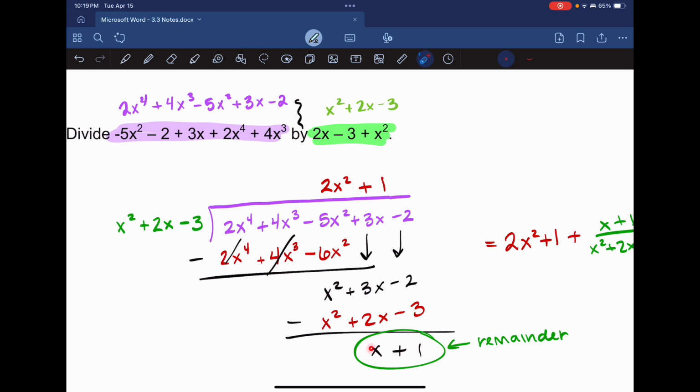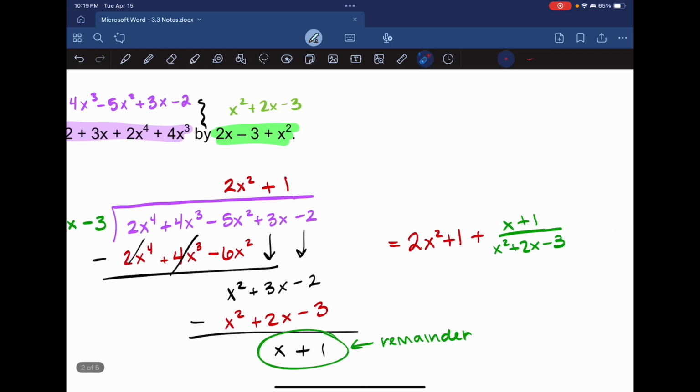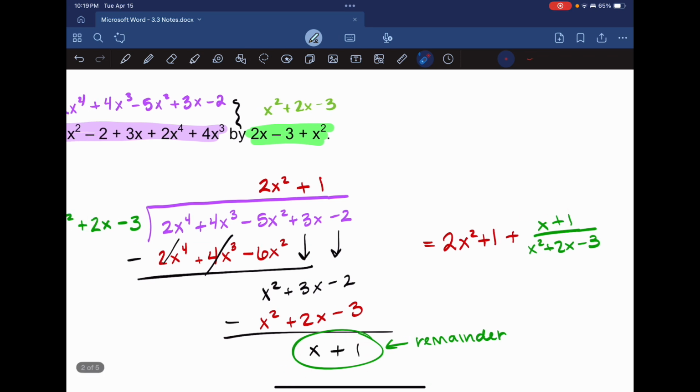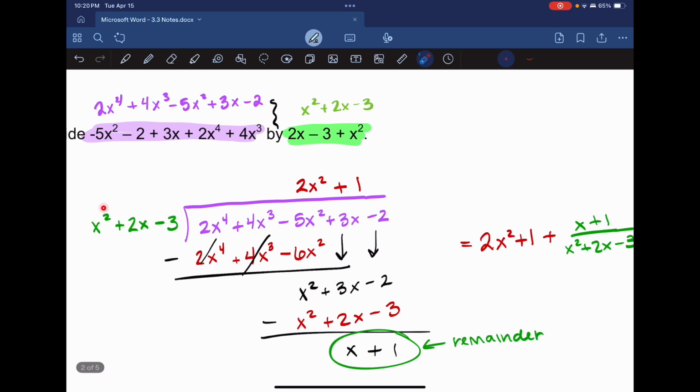We end up with a remainder of x plus 1. And again, this is how we write my final answer. We have our solution from the top, plus the remainder is my numerator, and then what I divided by is my denominator. Okay?